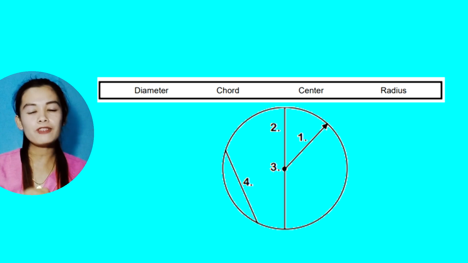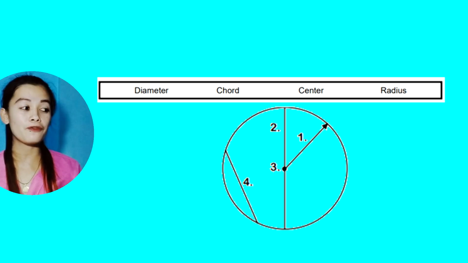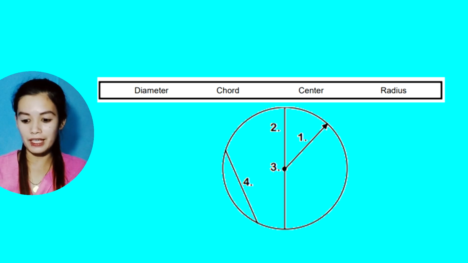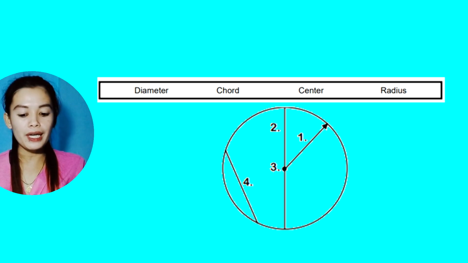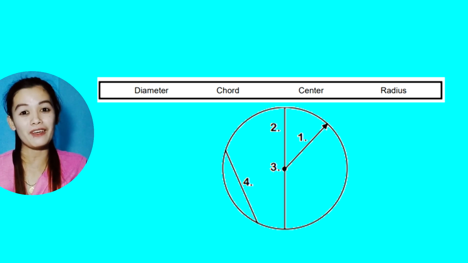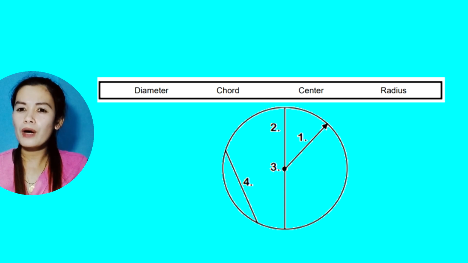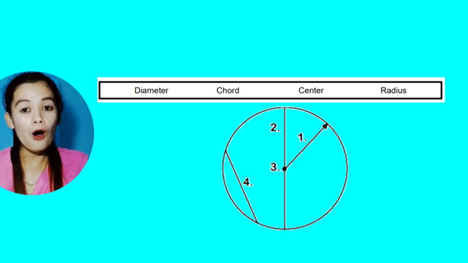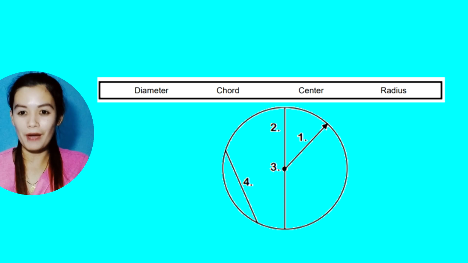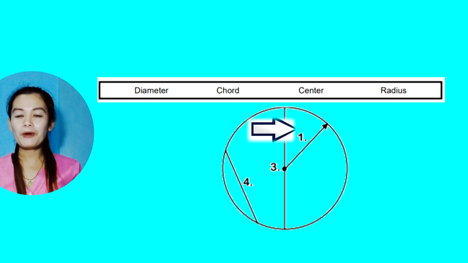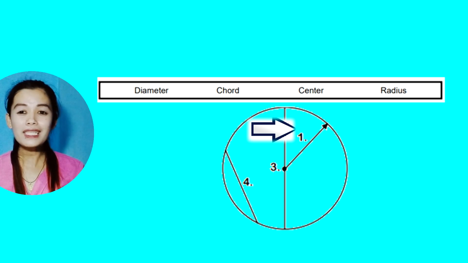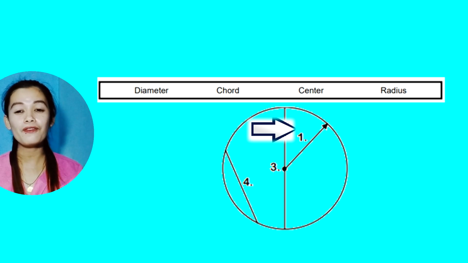Let's try to identify the different parts of this figure, and all you have to do is choose your answer from the given box. Write your answer on a separate sheet of paper. Are you ready? I know you are. So for number 1, what is that part of the circle?